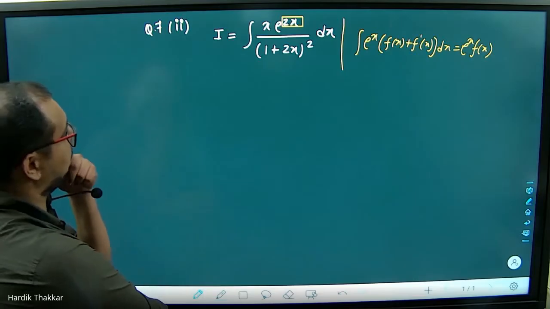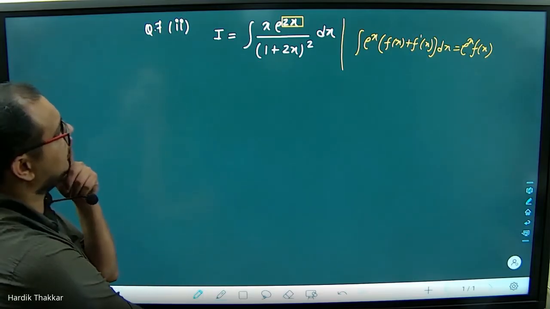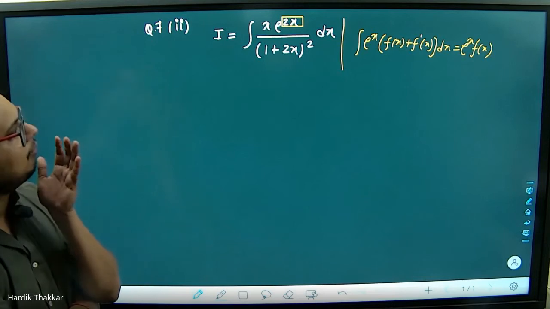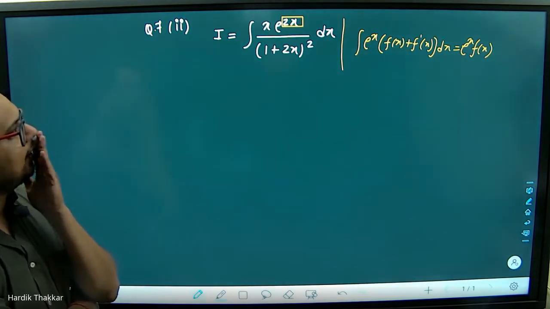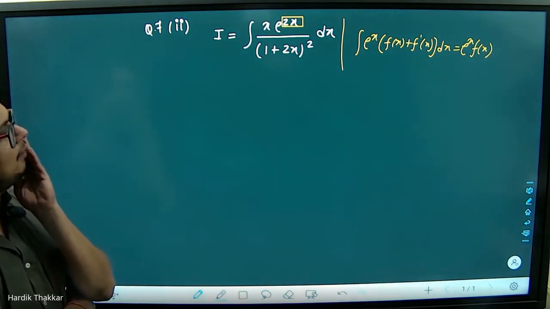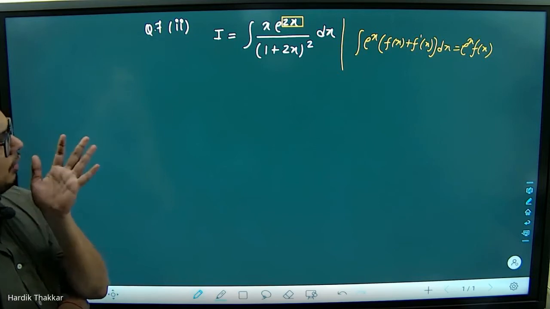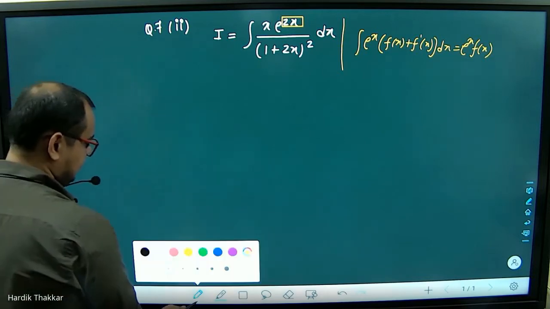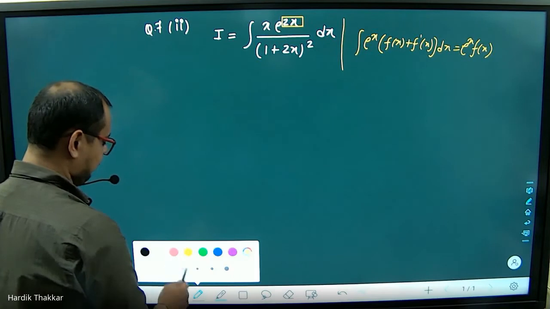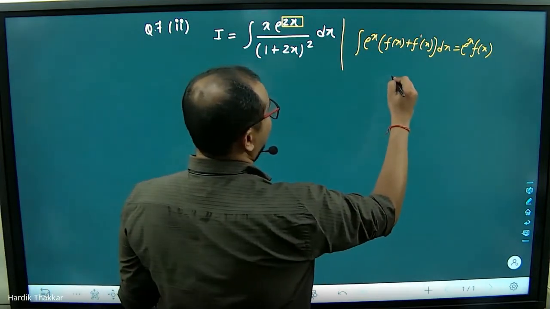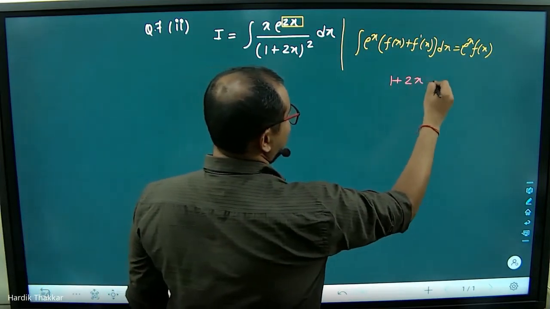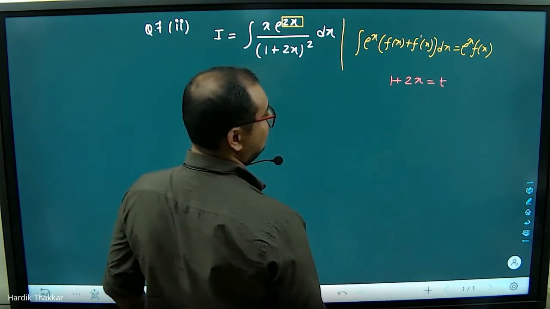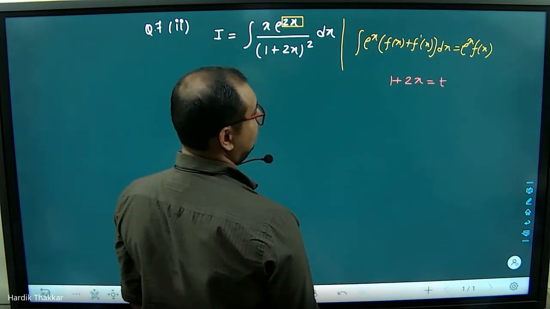Okay, so first thing we can do, we can substitute 1 plus 2x is equal to t. That can also be done, or simply 2x is equal to t. We can do that also. So let's try. First, I'm substituting 1 plus 2x is equal to t.